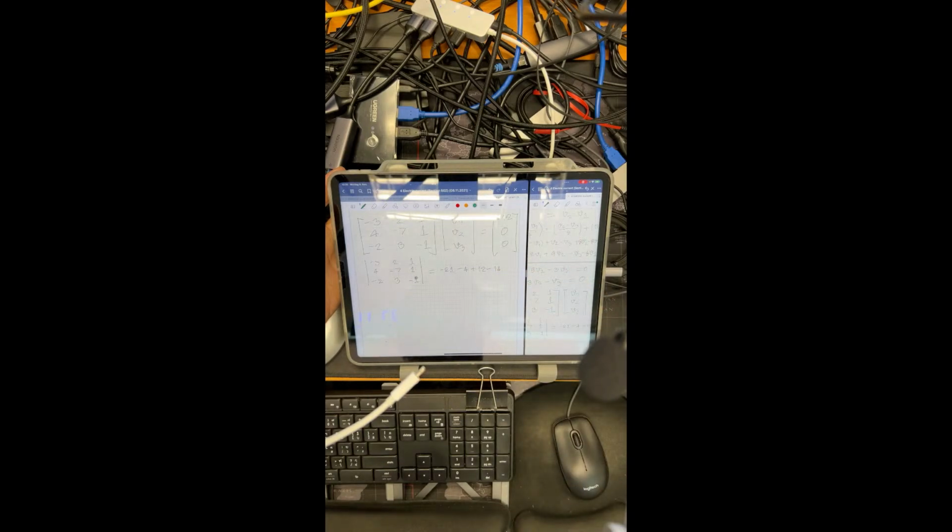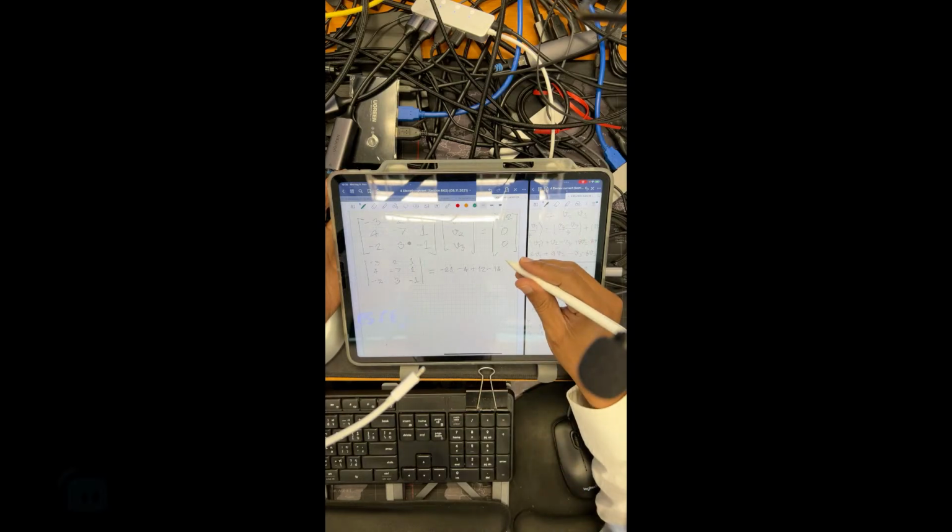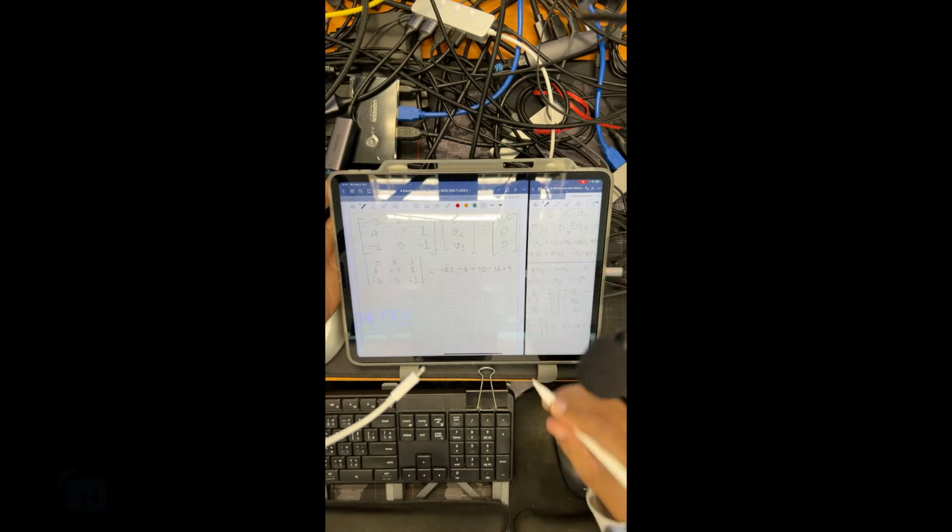This one is 3, 1, 3. 3 times 3 is minus 9, but because we are going upright it should be negative, it's plus 9, right? 3 1 minus 3 is negative 9, but we go upright, it should be negative; negative of negative 9 is going to be plus 9.